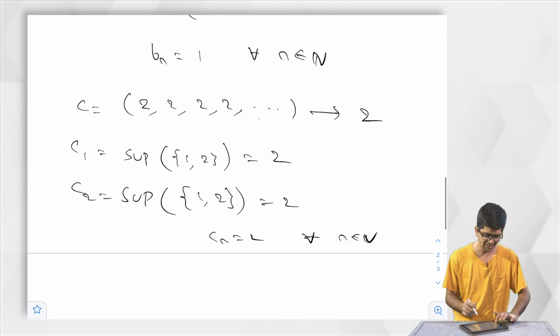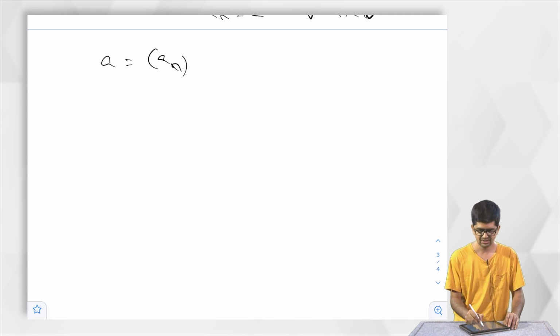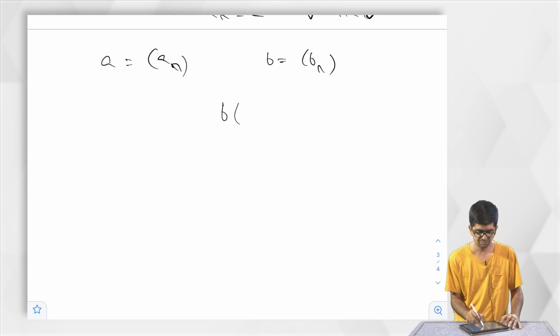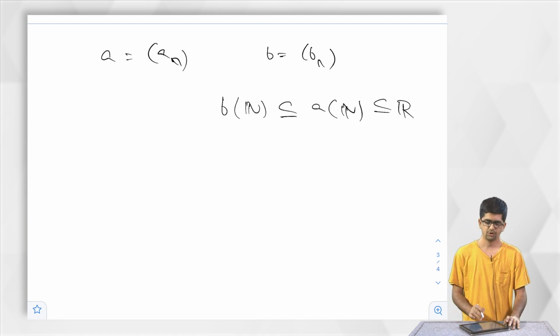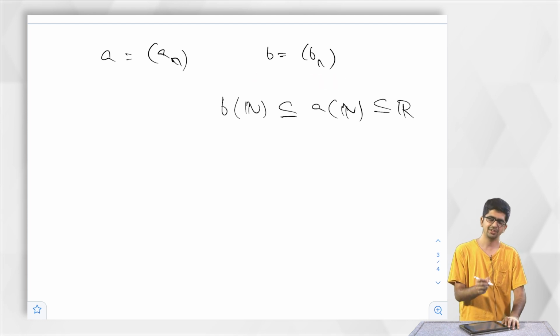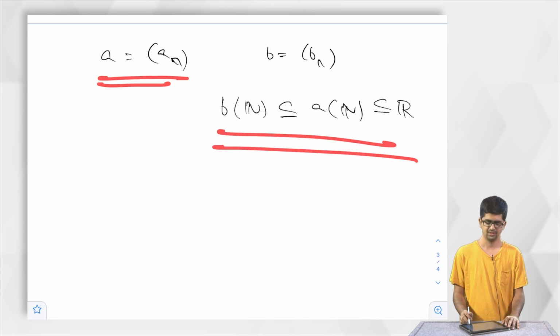So now what do we have? Let me write down that. Given a sequence A is equal to An, we have a sequence B, Bn such that B of n is contained in A of n, which is again a subset of R. Okay. So a sequence B is said to be nice with respect to the sequence A if this happens.